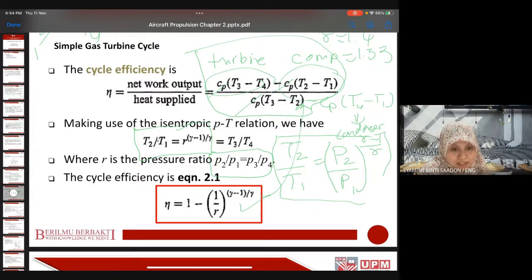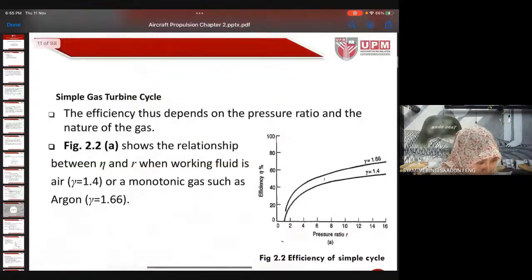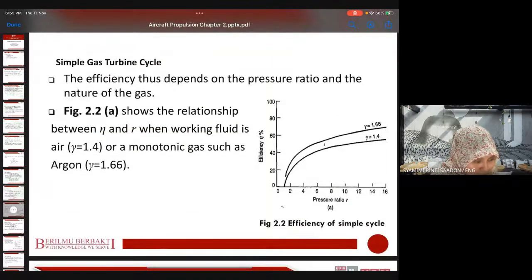So it means that if the pressure ratio changes, the cycle efficiency might change. The efficiency does depend on the pressure ratio and the nature of the gas. So we can sketch, illustrate, and simulate the change of the pressure ratio with the efficiency.